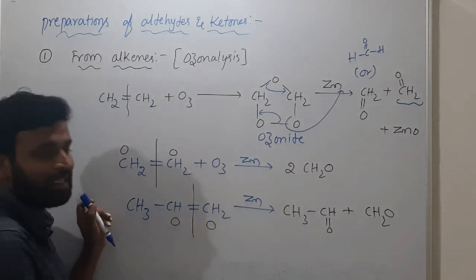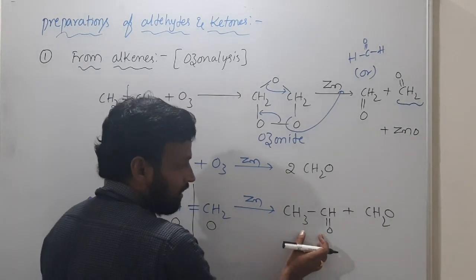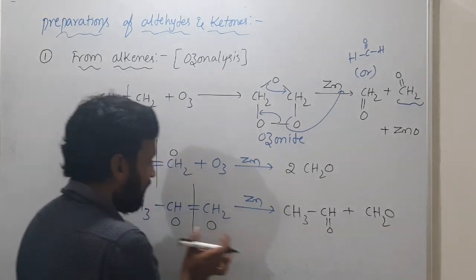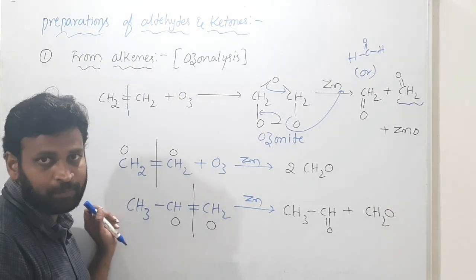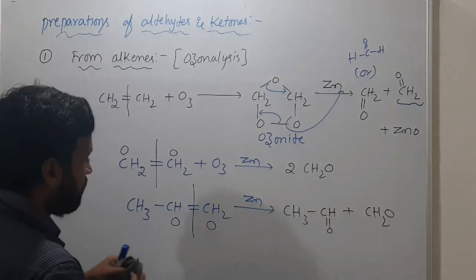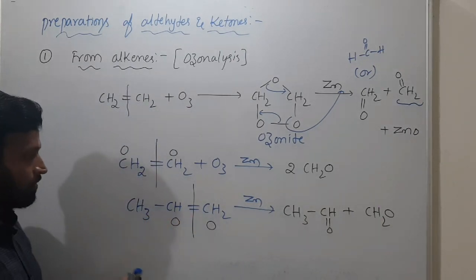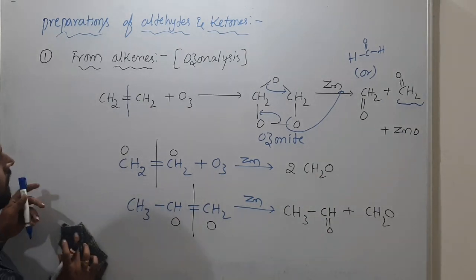They will also ask in reverse: to get acetaldehyde and formaldehyde, what alkene is required. So ozonolysis is very, very important. Propene gives 2 aldehydes like that. Understood? So write down all this.